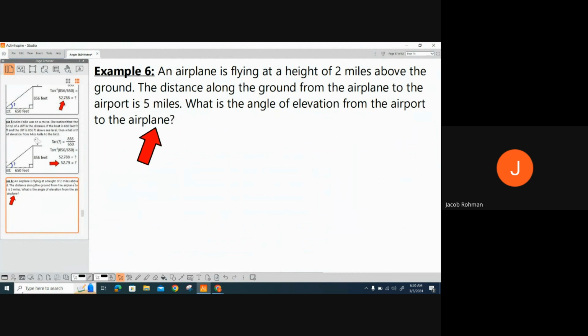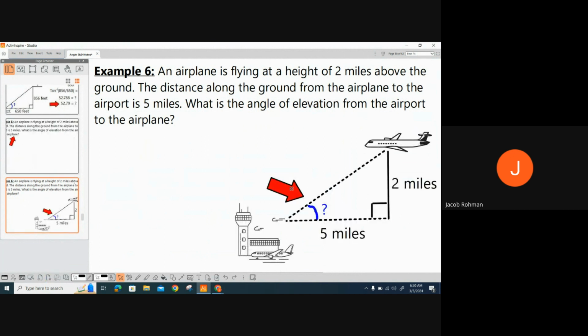So again, let's draw a picture here. We know that the airplane is 2 miles off the ground, so that's the vertical height there, and it's 5 miles from that point on the ground to the airport. So that's this point. So 5 miles here, and this is the airport over here. So we want to know what the angle in blue is, which is the angle of elevation from the airport to the airplane.